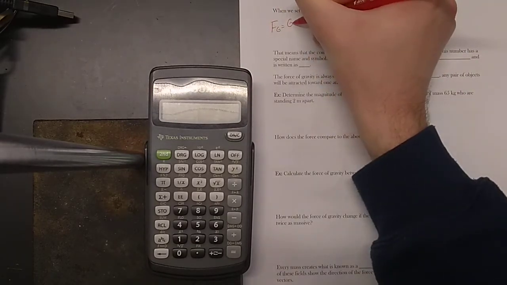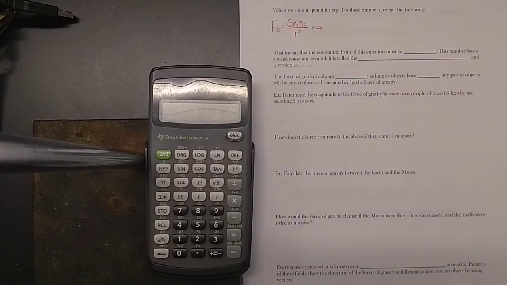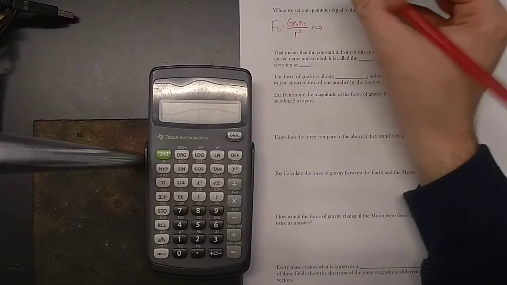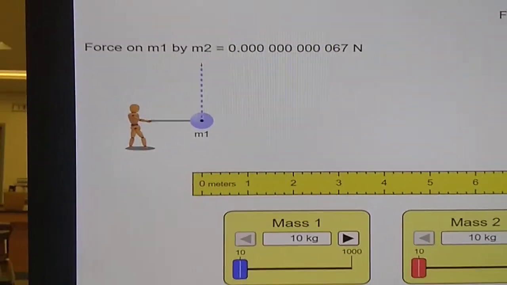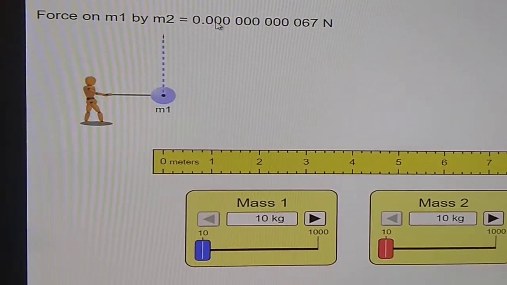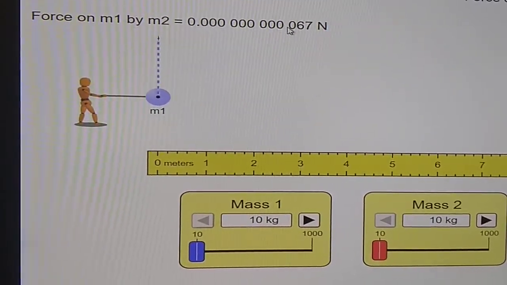Fg equals G, we're trying to solve for G right now, that constant, we're determining this constant's value, M1, M2 over R squared. If we set M1, M2, and R all equal to 10, then remember F ended up being 0.00000000067. So if I want to write that in scientific notation, because that's way too many zeros, I'm moving 1, 2, 3, 4, 5, 6, 7, 8, 9, 10, 11 spots.